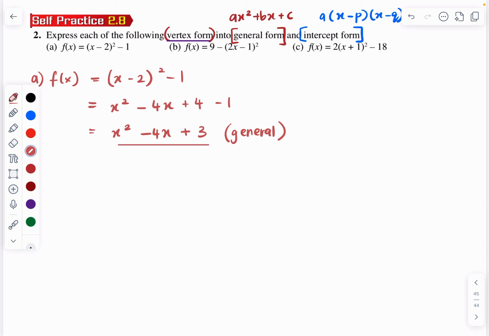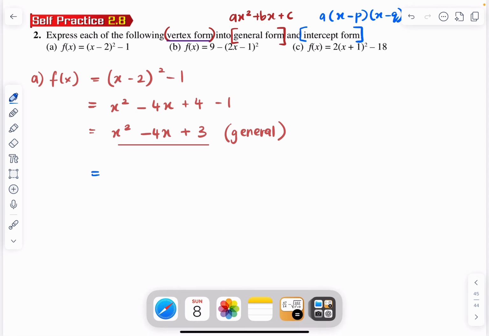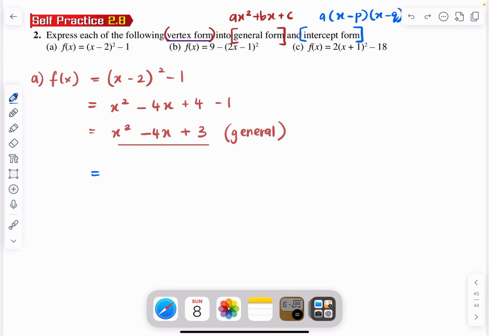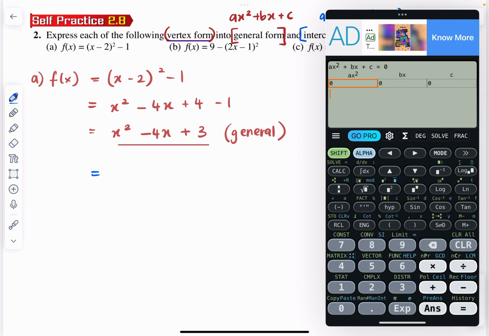Okay. Next, let's look at intercept form. So intercept form is when you factorize this one. First you must make sure you cannot divide the equation by anything. In this case it's 1, negative 4 and 3, so we cannot divide the whole thing by anything now. So we can straight away put into our calculator. A is 1, B is negative 4, C is 3.